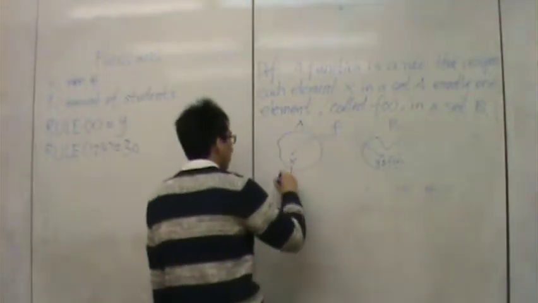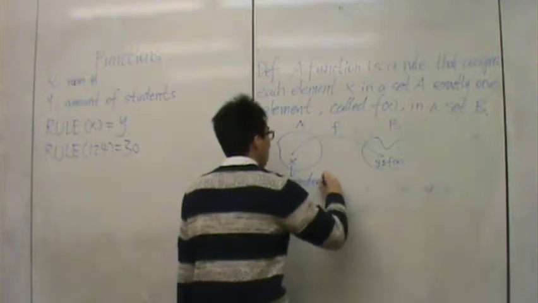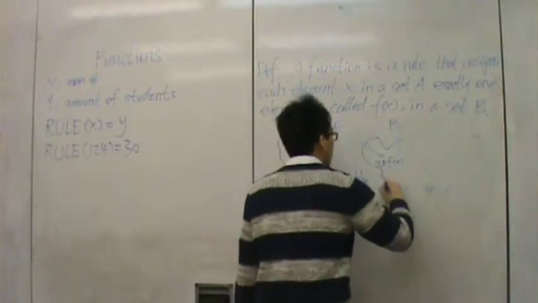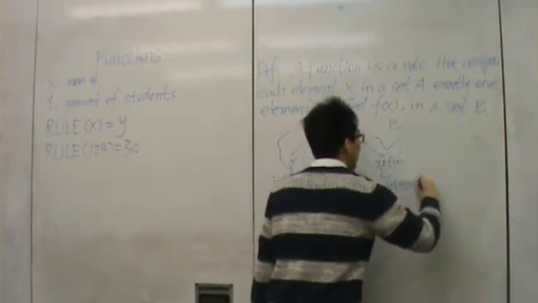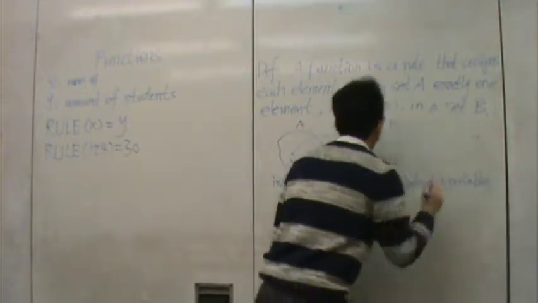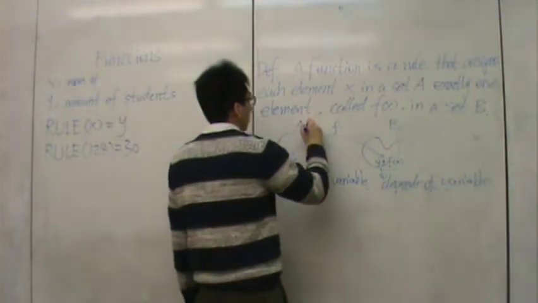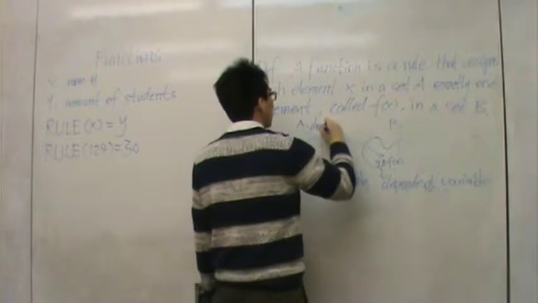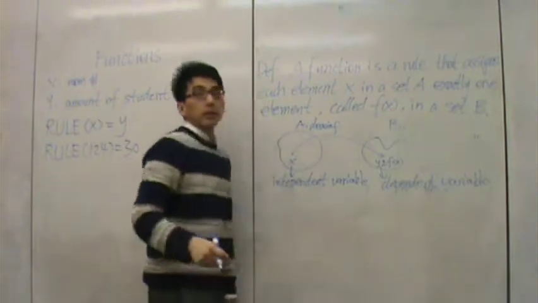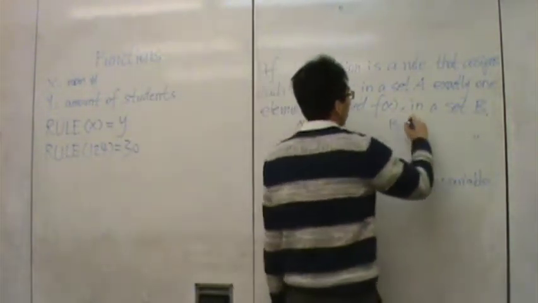Here, x is called an independent variable. Y is a dependent variable because it depends on x. The set A is called a domain, and B contains all possible values of f. It's called the range.